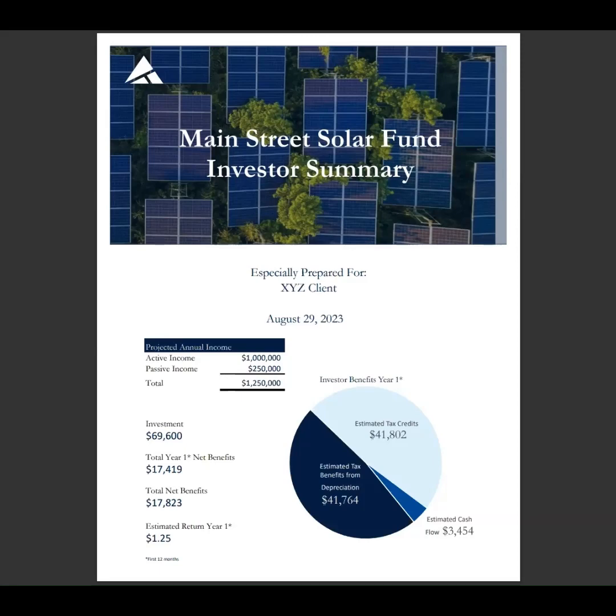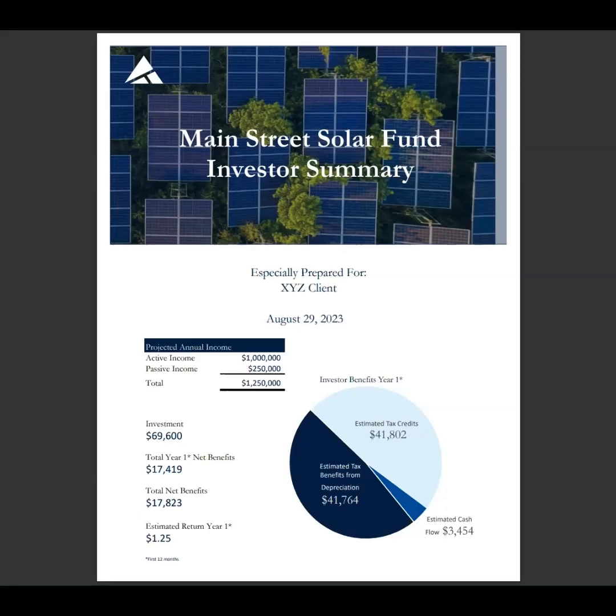Okay. Really, the model was built to take out to individual investors and be able to create a customized investment amount for them. So we can take a look at their income situation, their personal circumstances, and come up with the most efficient investment for them.